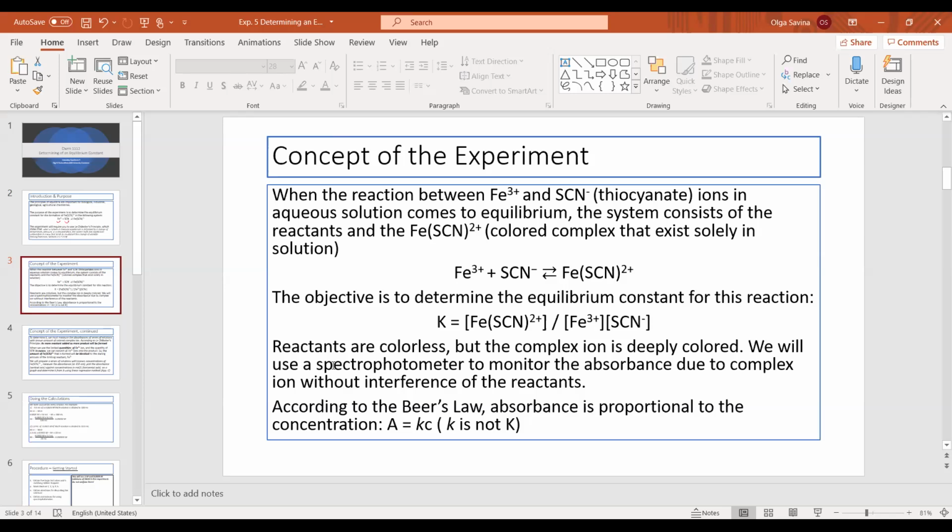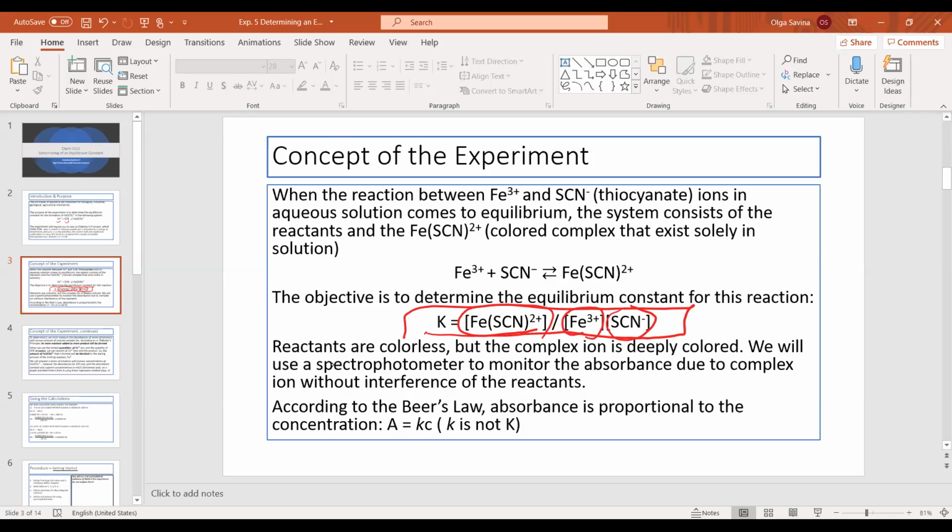The objective is to determine the equilibrium constant for this reaction, which is defined as the concentration of the product over the concentrations of the reactants. Our reactants are colorless, but the complex will be colored.